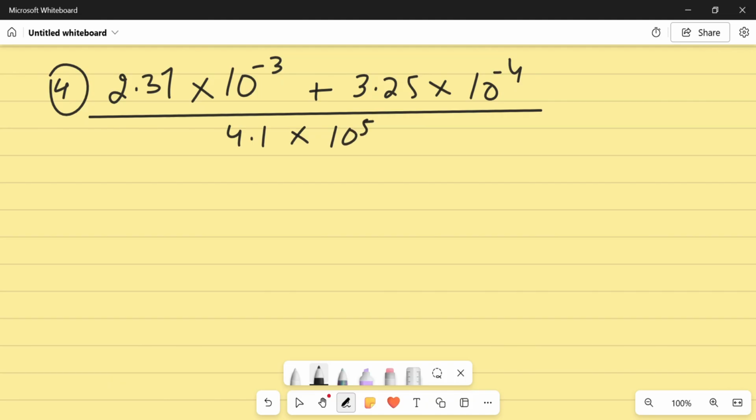In addition, as we know, we need to bring the exponents to be the same. So how are we to make this into the same exponent? Make this minus 3 into minus 4. So when you are going to make this minus 3 into minus 4, 2.37 times 10 to the power minus 3.